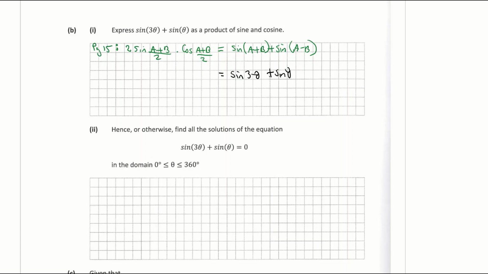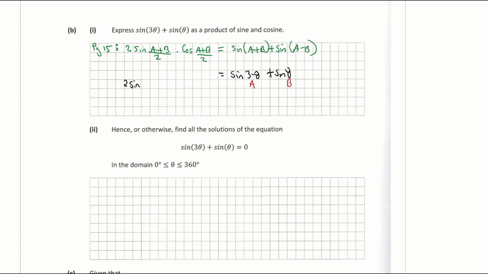And what I'm going to do now is fill this information into the left hand side. So that's going to be the same as 2 times sine A plus B. Now my A I'm going to assign as 3 theta and my B being theta.